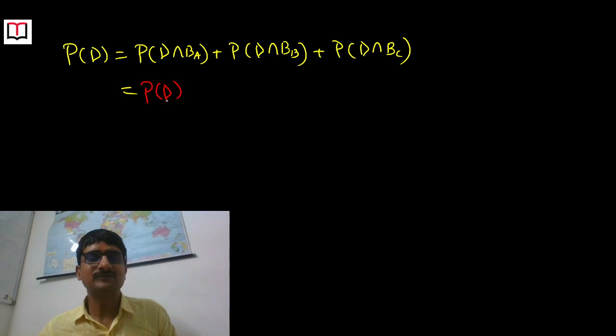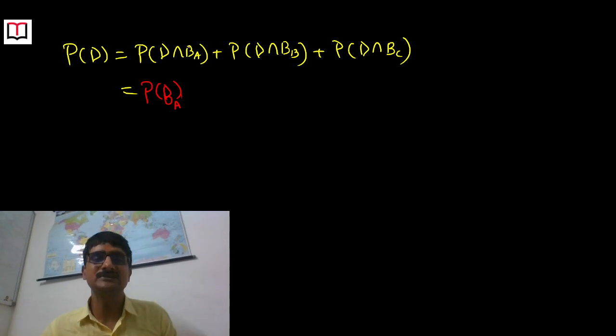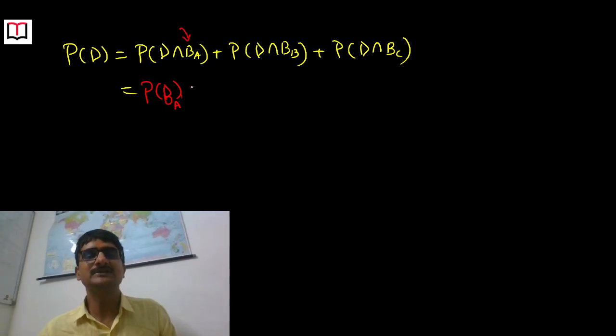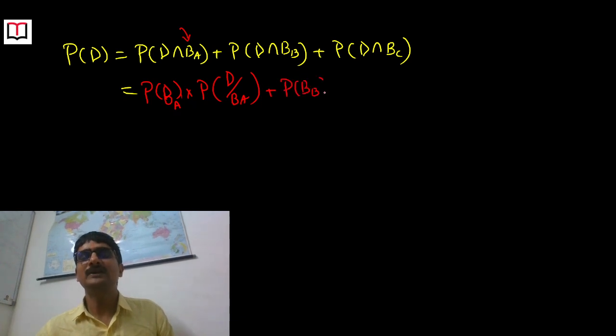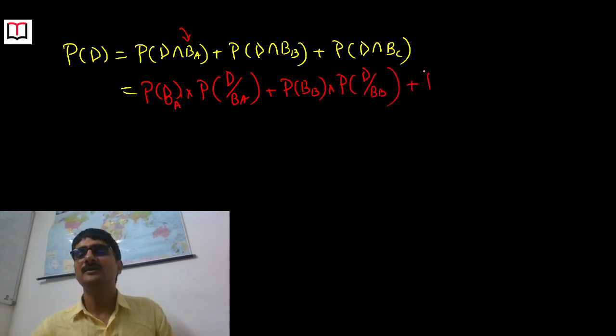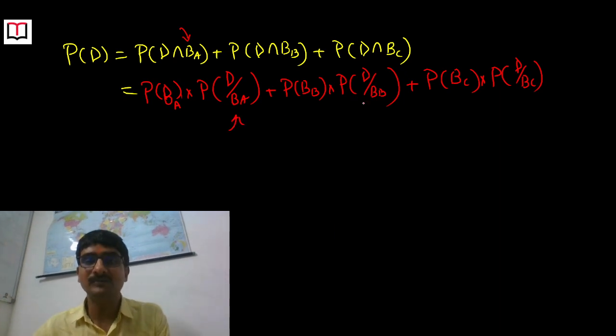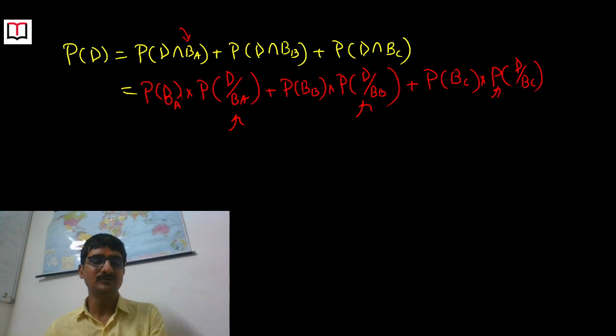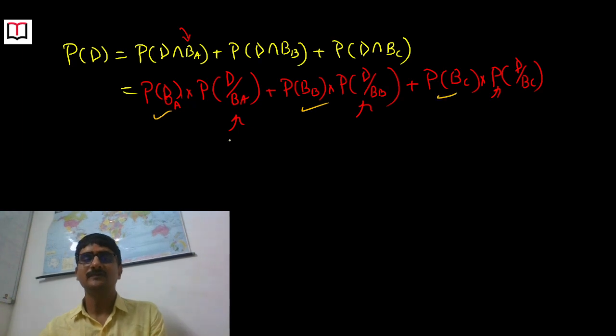First comes which machine manufactured the bolt, and then the probability of it being defective. So the probability it is manufactured by machine A and then defective, similarly machine B and then defective, similarly machine C and then defective. Three probabilities we already know, but three probabilities we need to get.